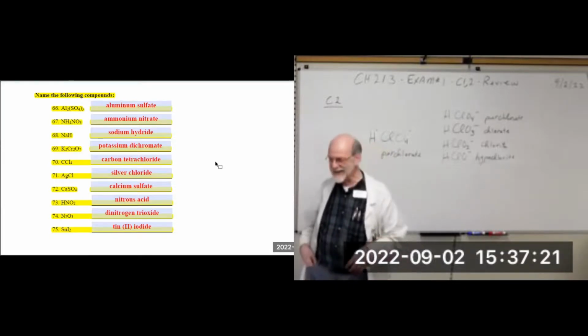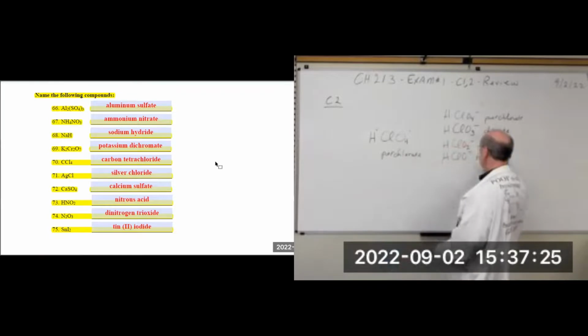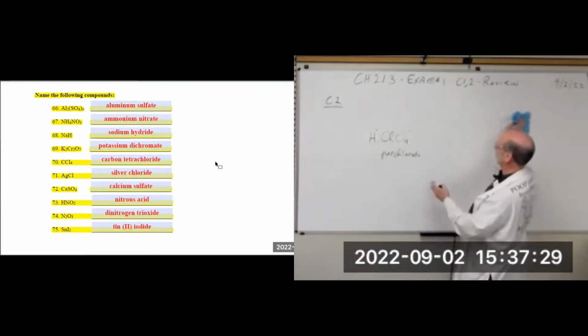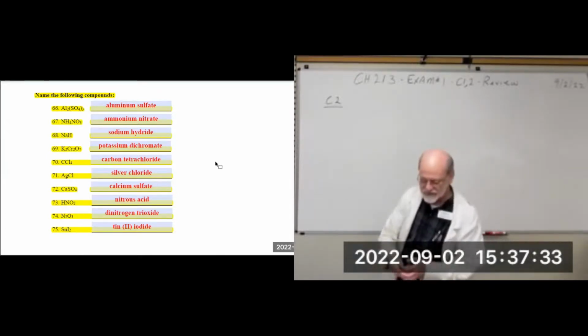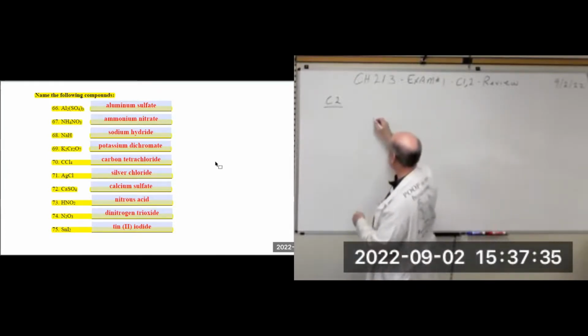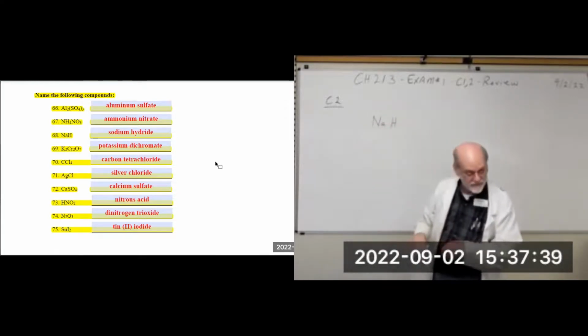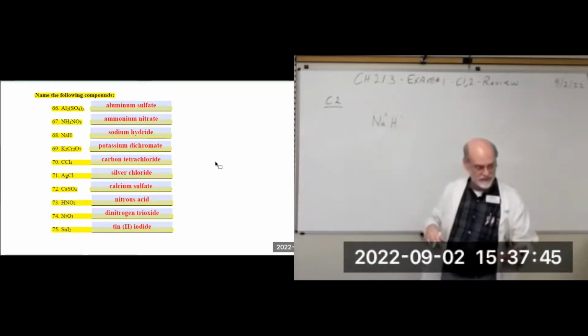Sodium hydride. We didn't talk about what to do if the hydrogen is not in the first position, but in the second position. If it's in the second position, it's always combined with a metal of some kind. So in this case, the metal would be the positive one, and the hydrogen now would be minus one.